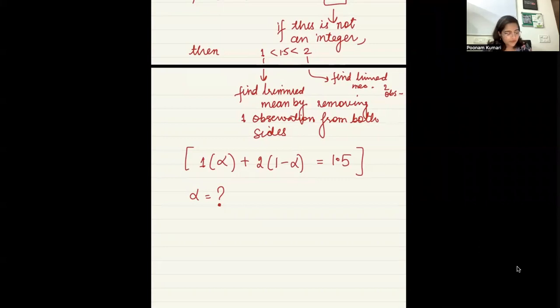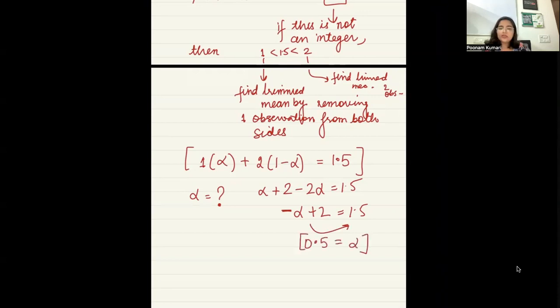So basically this is alpha plus 2 minus 2 alpha equals 1.5. So minus alpha plus 2 equals 1.5. You take alpha this side and 1.5 the other side, you will get 0.5 equals alpha. So the alpha value is 0.5, right?